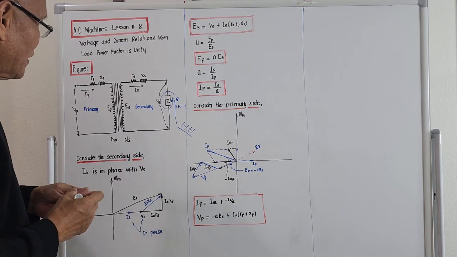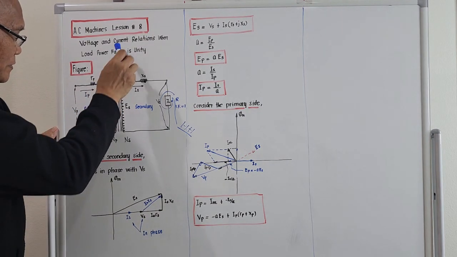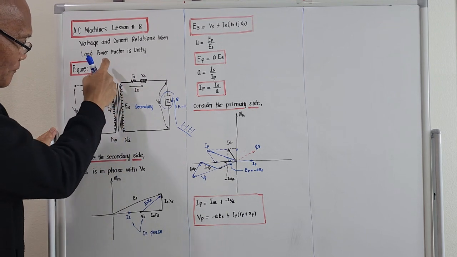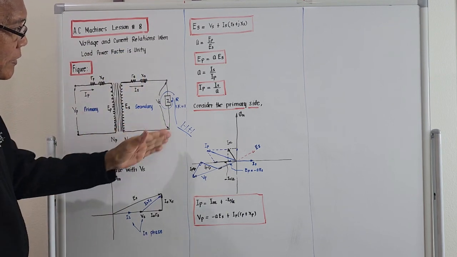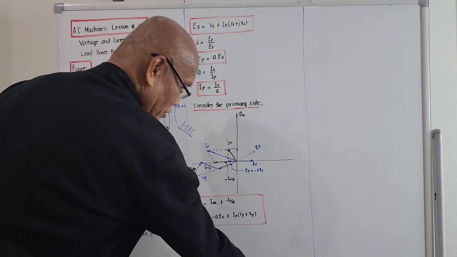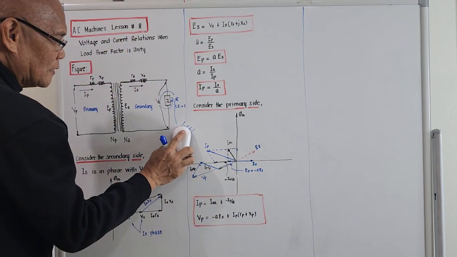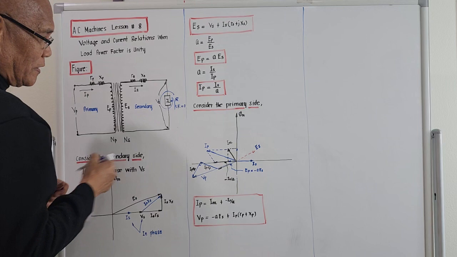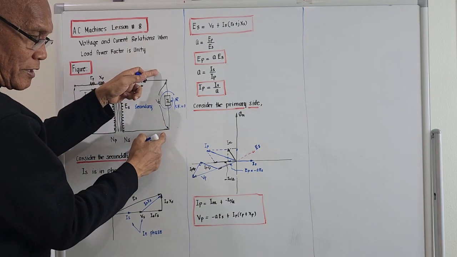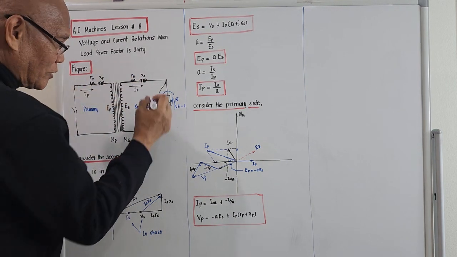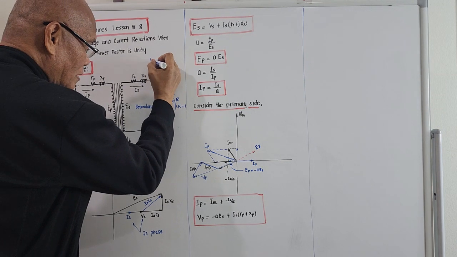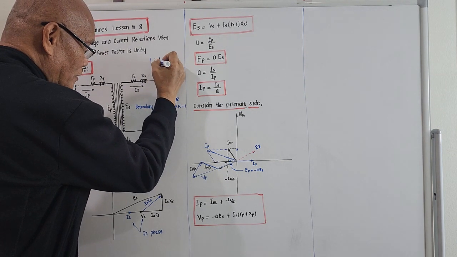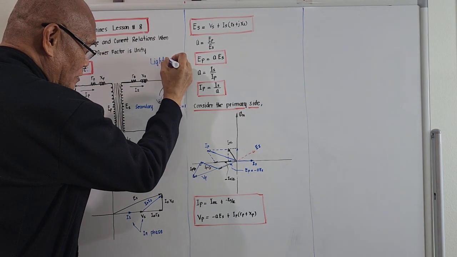Okay, let's try to bring out the relation of the current and voltage if the power factor is unity. Meaning, it could be that the total load connected on the secondary is all lighting loads.